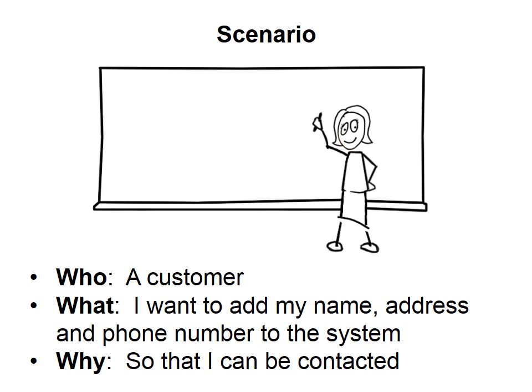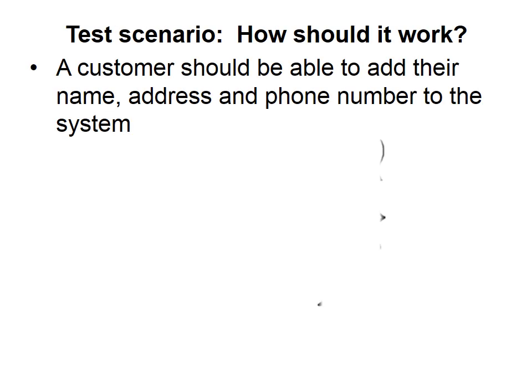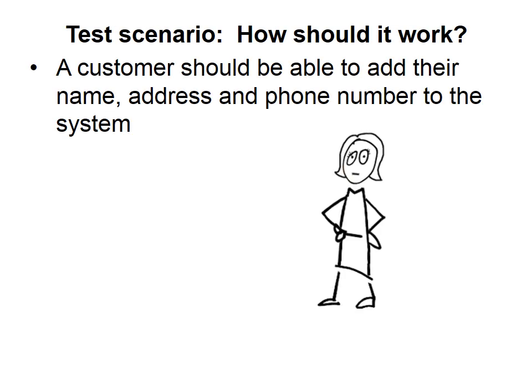The what would be to add their name, address, and phone number to the system. The why is so that they can be contacted. So we can identify our first scenario as a customer should be able to add their name, address, and phone number to the system.